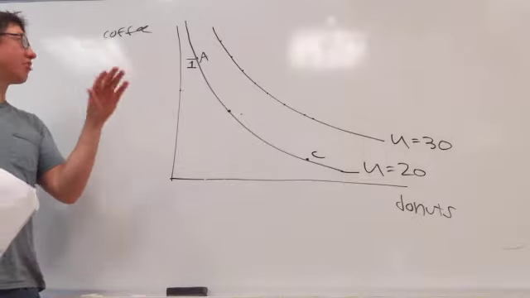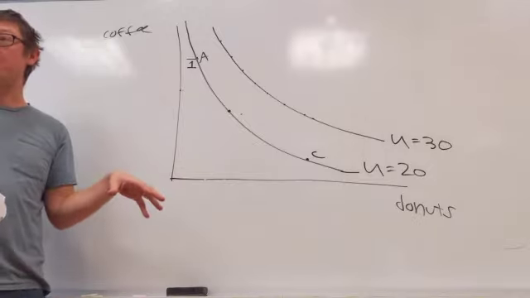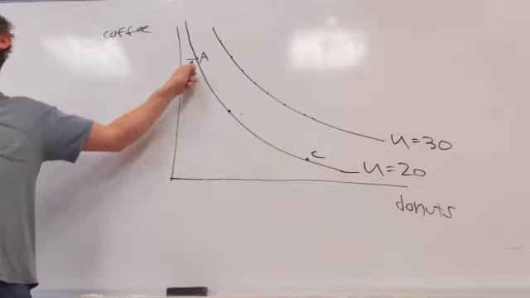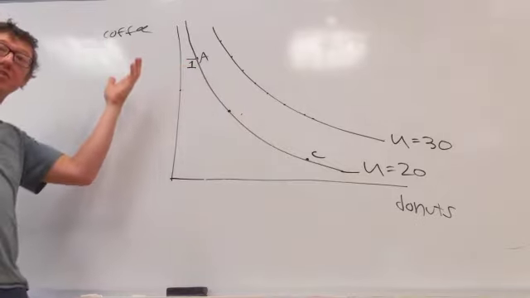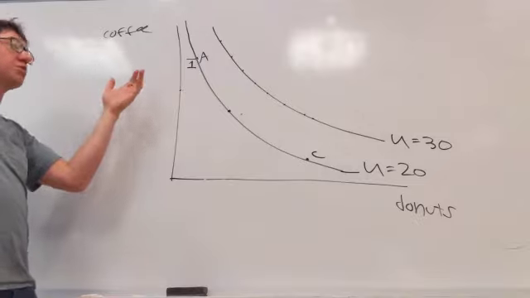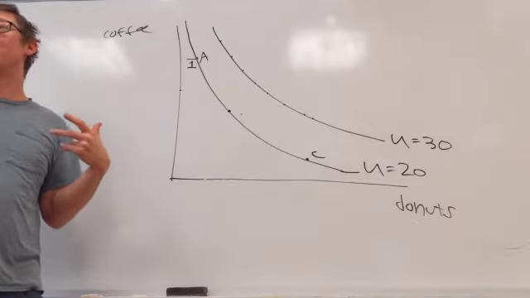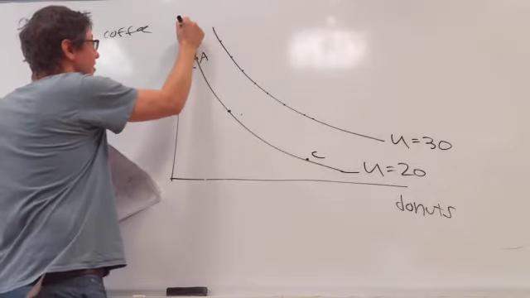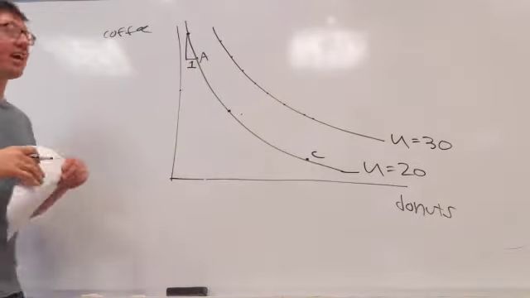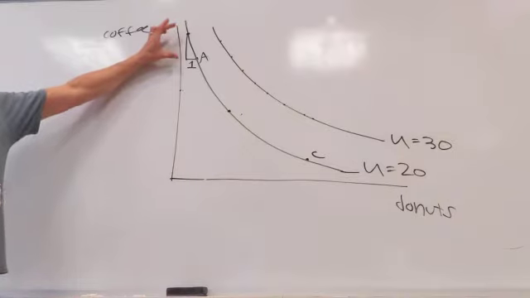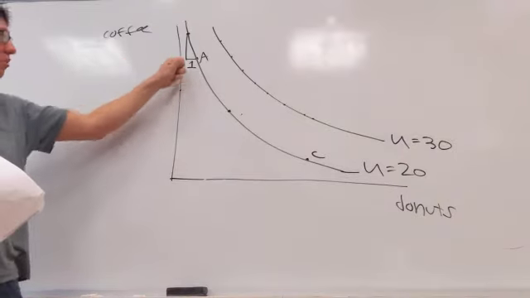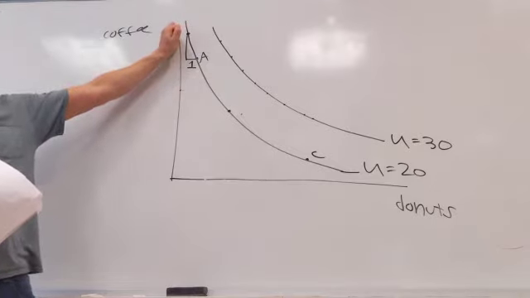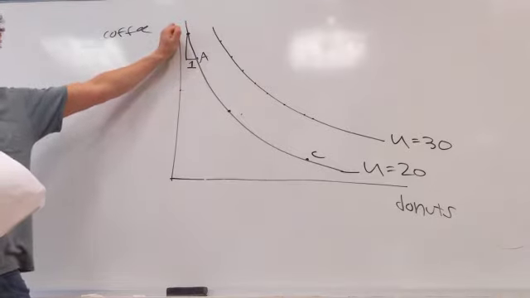And you ask them, how much coffee do I have to give you to leave you as happy as you were before I took away your donut? Said differently, how much coffee do I have to give you to put you on the same indifference curve you were on before? And the answer is this vertical distance. And it's kind of a lot from point A. If you're going to take away 1 donut from me, you have to give me a lot of coffee to make me as happy as I was before you took my donut.